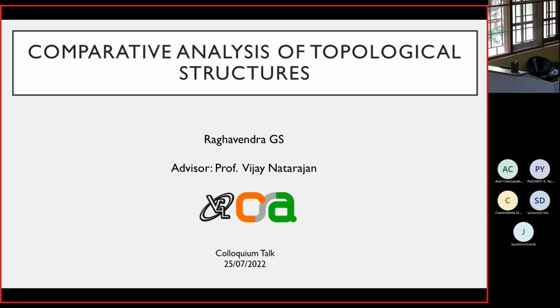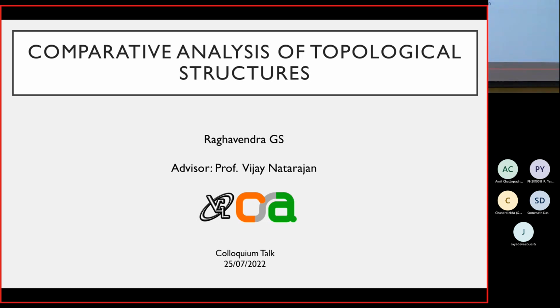So Raghavendra, there's a little bit about Raghavendra before he goes on to give his talk. Raghavendra has a bachelor's in computer science from MIT, and then he did his master's by research here in the Department of Computer Science and Automation, where he worked on some problems related to the detection of robust voids in biomolecules.